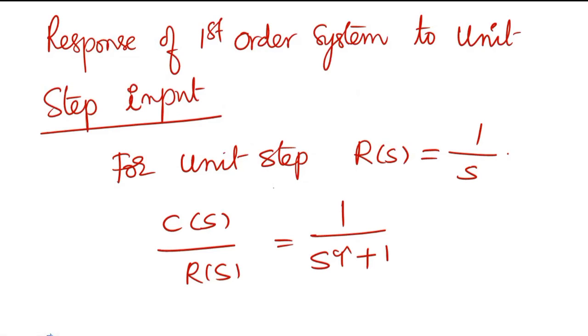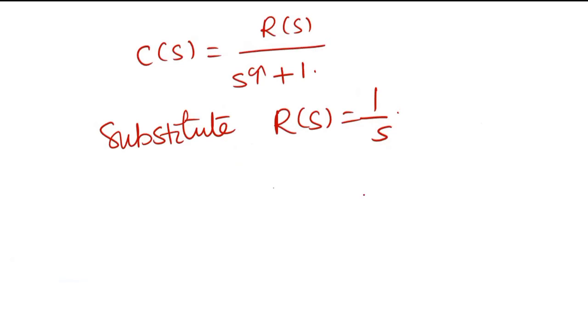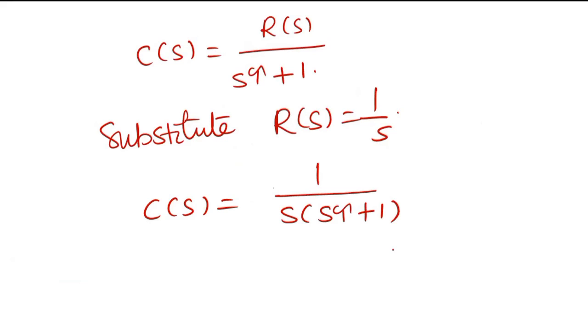Now, the value of C of s is equal to R of s by s tau plus 1. Substitute R of s equal to 1 by s in the above equation. So that C of s is equal to 1 by s into s tau plus 1.